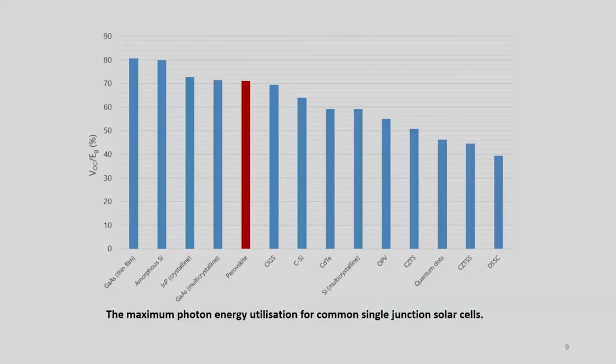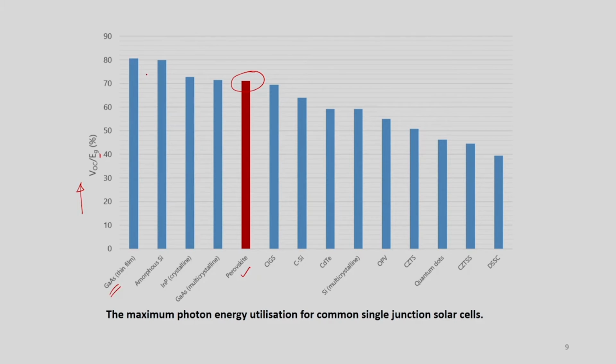This slide shows the maximum photon energy utilization for common single junction solar cells. If we compare VOC to EG, that is band gap, in percentage, perovskite has very good photon energy utilization compared to other solar cell materials, except gallium arsenide.